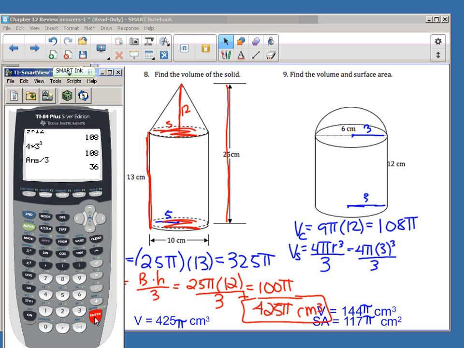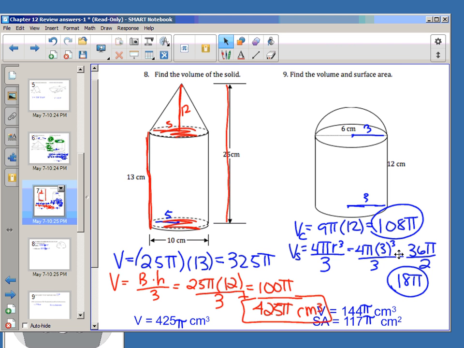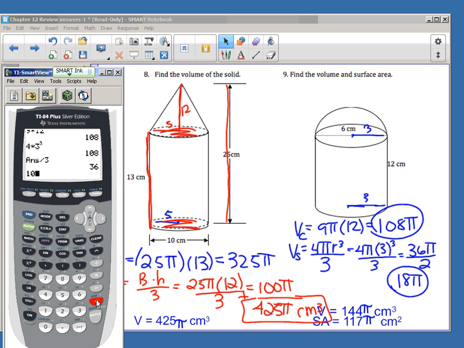And I get 36 pi. But recall I now have half a sphere, so I'm going to divide that by 2 for a total of 18 pi. I'm going to take the 18 pi and the 108 pi and add it together for a total volume of 126 pi. So clearly one of my answers is wrong.